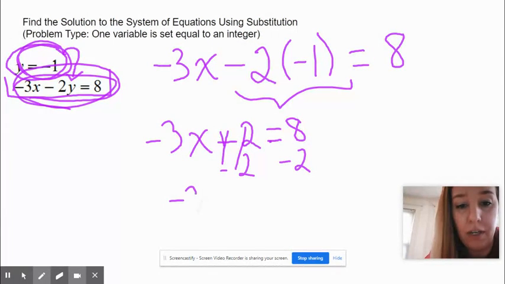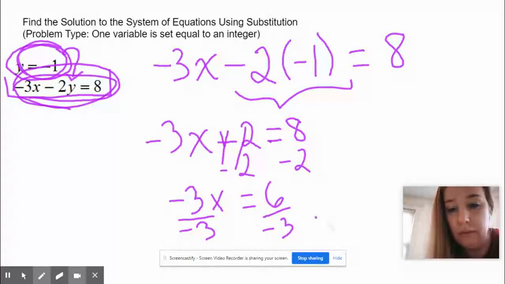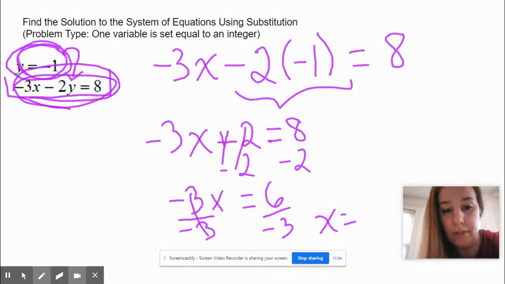We get negative 3x equals 6. And then we divide both sides by negative 3. And we figure out that x, because these cancel, so x equals 6 divided by negative 3, which is negative 2.